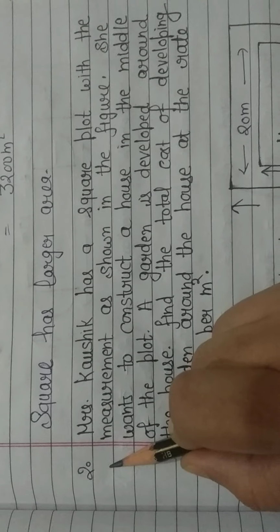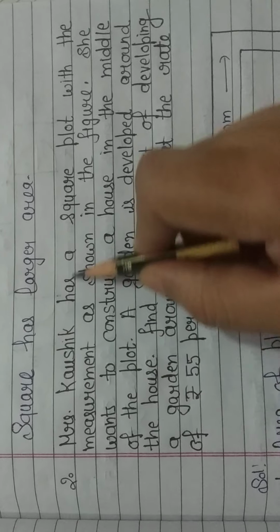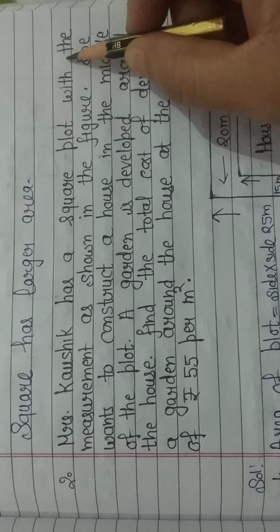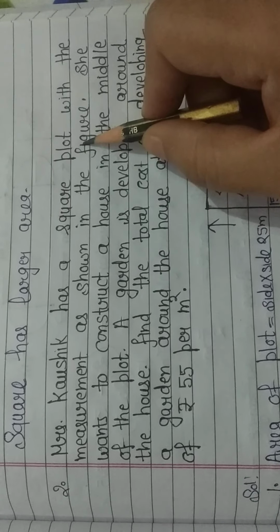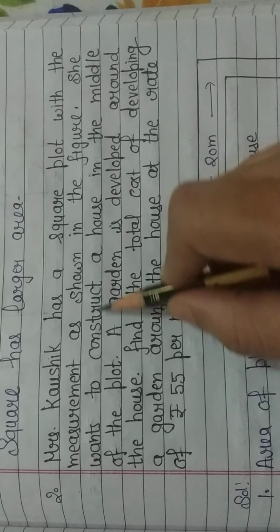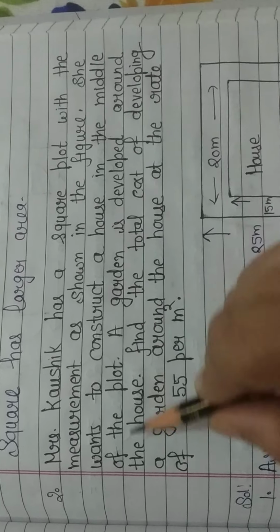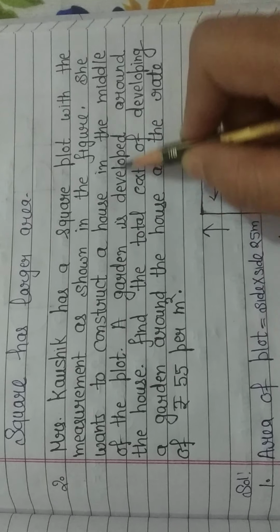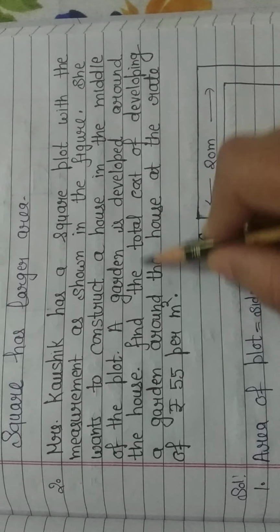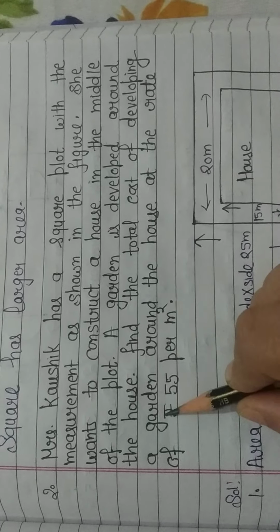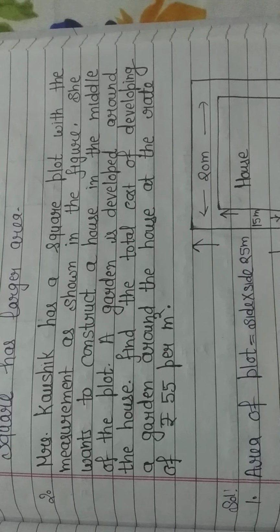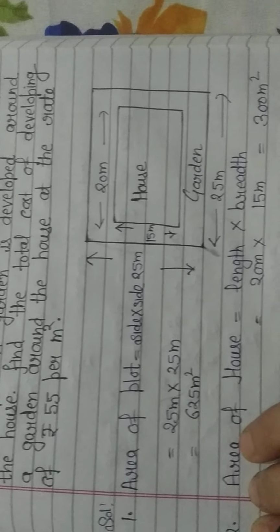Now question number 2. Mrs. Kaushik has a square plot with the measurement as shown in the figure. She wants to construct a house in the middle of the plot. A garden is developed around the house. Find the total cost of developing a garden around the house at the rate of rupees 55 per meter square.